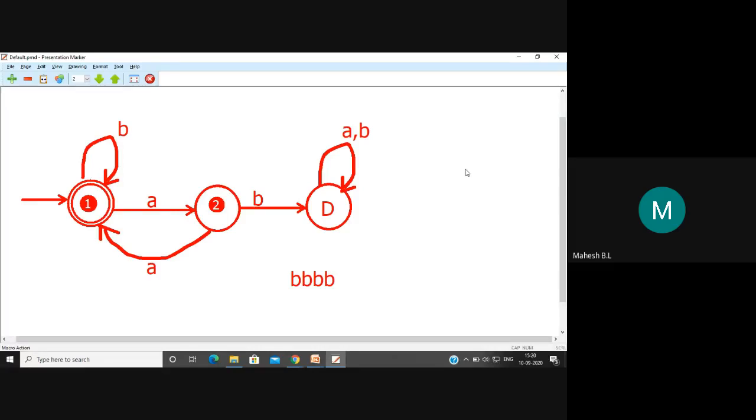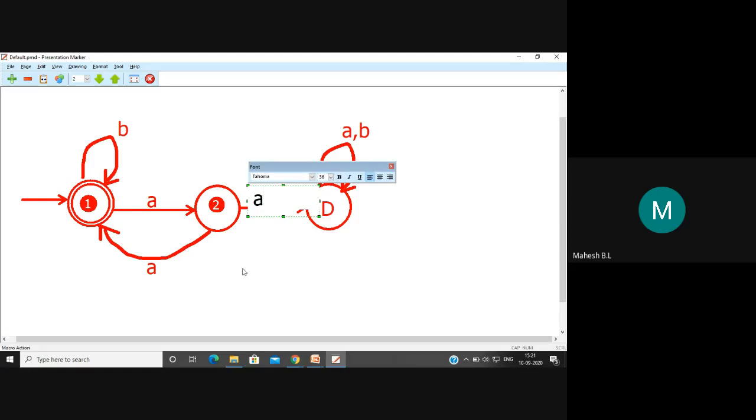According to the present language, every A should be immediately followed by a B. That means after A, there must be a B. After A, if there is another A, then you make a transition to the dead state. Is it clear?